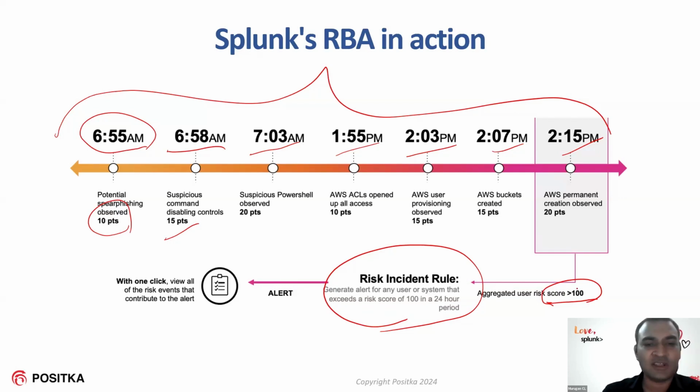So it checks whether, over the period of the entire day, the score has gone beyond 100. If the score has gone beyond 100 for a particular object, it combines all of those events and sends it to the alerts index, as a notable or an incident.